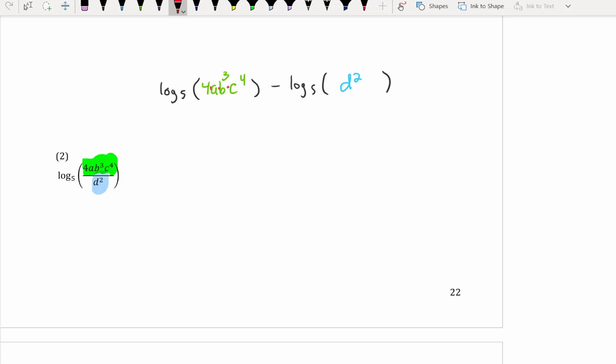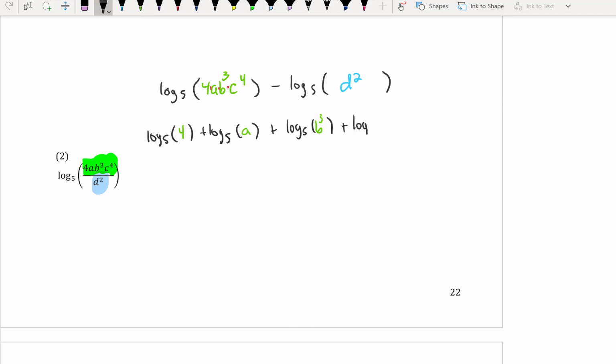So here for the first one, I can see that all of these are being multiplied. So that means I'm going to have to split it into addition. So I'm going to have log base 5 plus log base 5 plus log base 5. Let me see if I have enough. I have the 4 that's being multiplied, the a that's being multiplied, b to the 3 is being multiplied, and it looks like I need one more.